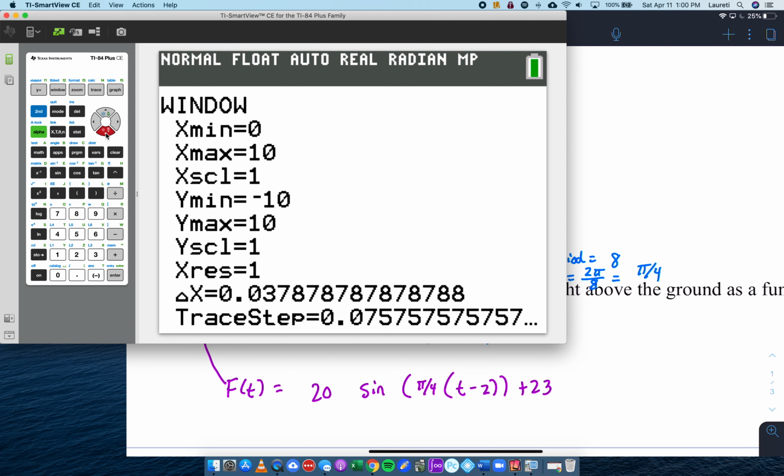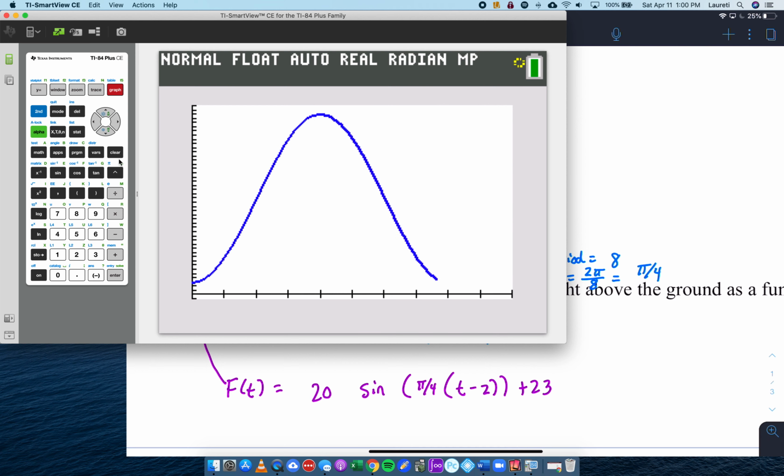And then for the min for the y terms, I would go from like -1 up to like 45. I'm going a little bit higher just so that I see my whole graph. Then you can hit graph. As you can see, what we just drew on our paper was that first cycle there.